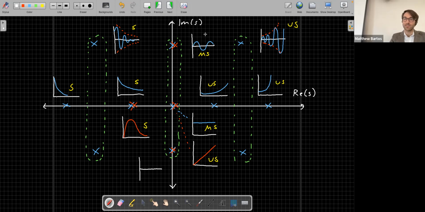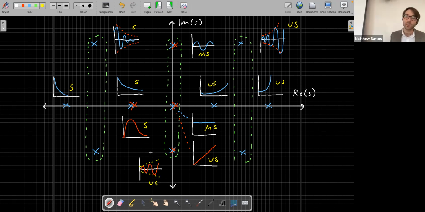What would this sinusoid turn into? Yeah, linearly increasing. So let's draw it out. So this becomes a linearly increasing sinusoid with time. And is this stable or unstable? This is unstable.